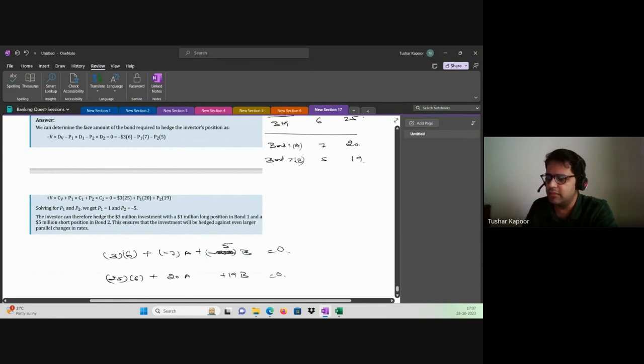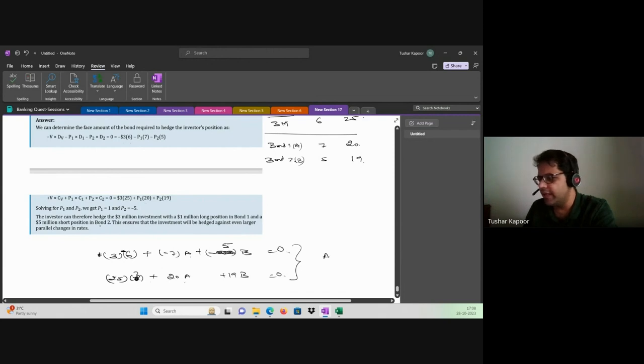Of course, the duration equation has minus signs, so minus 6 multiplied by 3, minus 7A, minus 5B should be equal to 0. And for convexity, 25 into 3, since it's a 3 million portfolio, plus 20A plus 19B should be equal to 0.